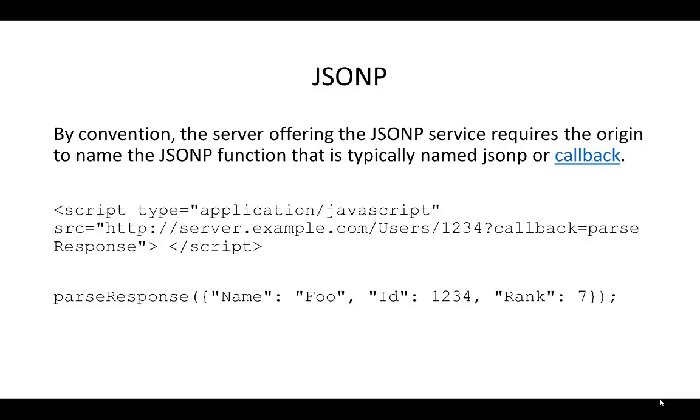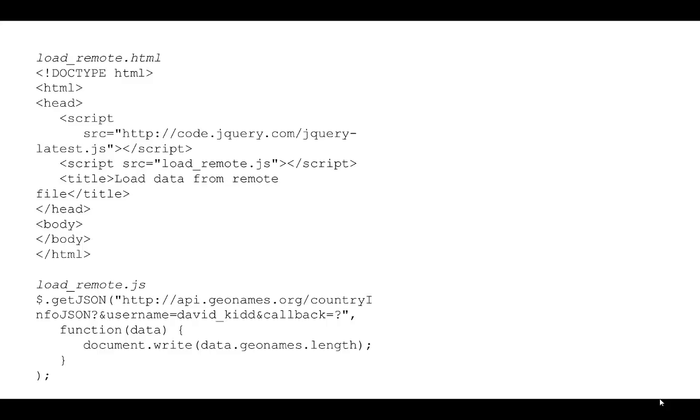What you tend to have is a callback function, an argument that you pass called JSONP or callback or something, sometimes just a question mark, and then we set that equal to the function that we want to return, which contains the data. And then what we get is this returned by the server.